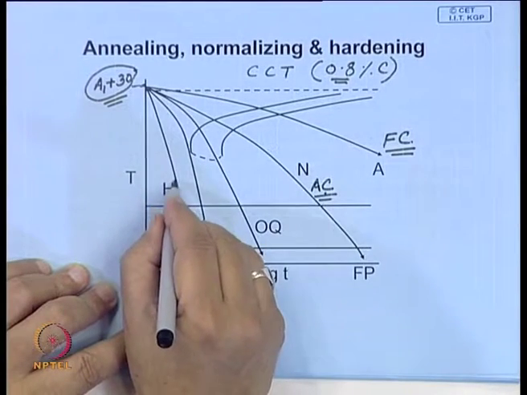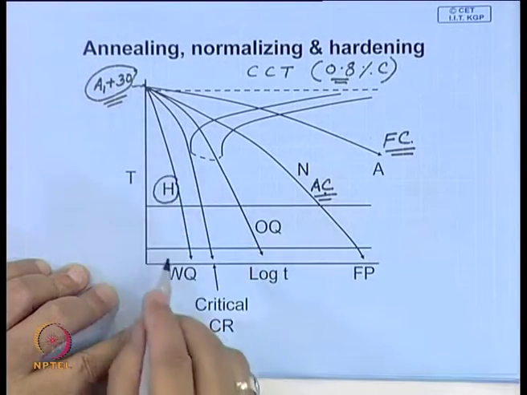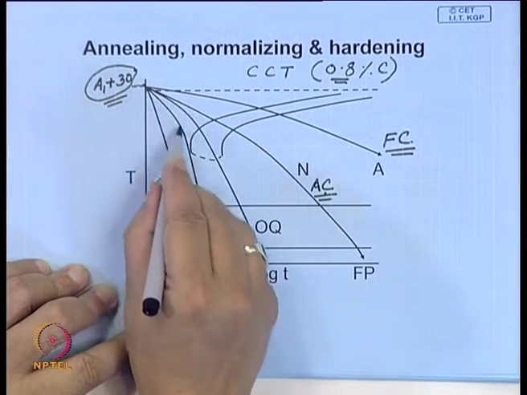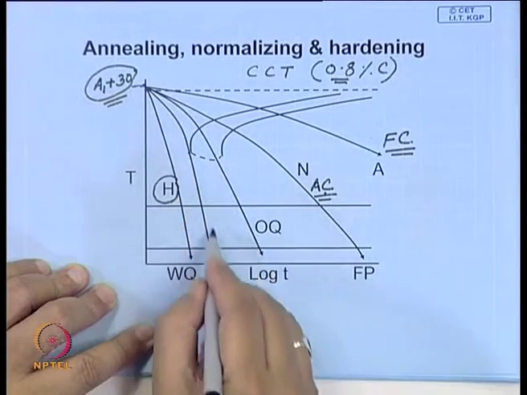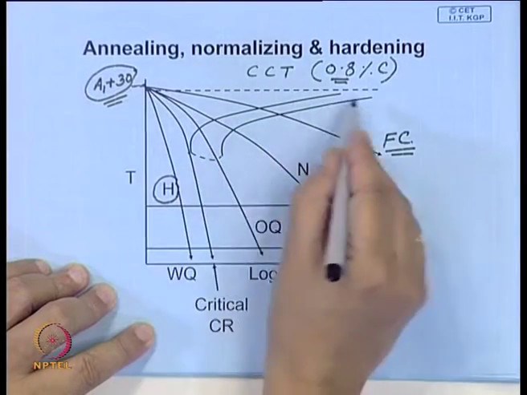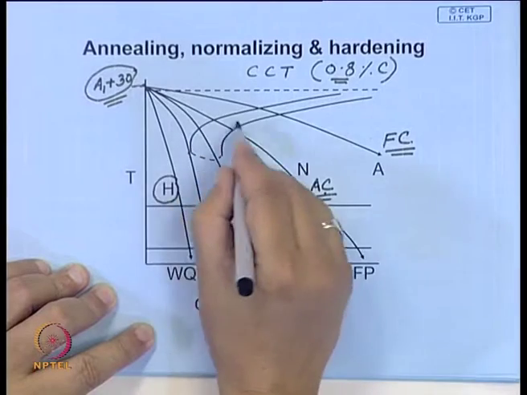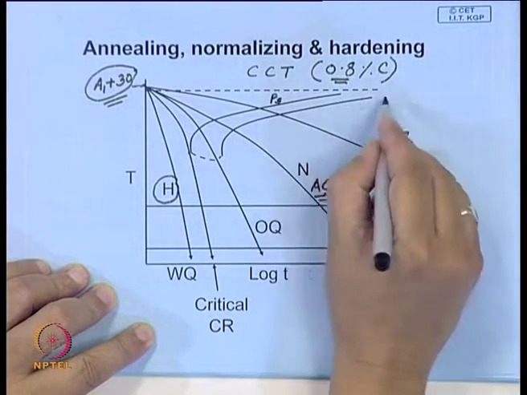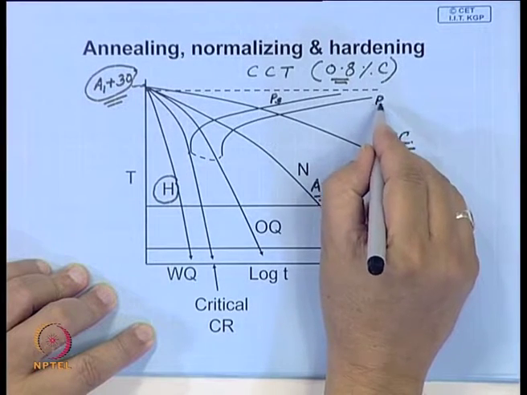So, that means to get a hardened structure, you have to ensure that your cooling rate is faster than this particular rate, which just avoids this diffusion controlled transformation. So, these are the lines. This is the pearlite transformation start line. This is the pearlite decomposition.